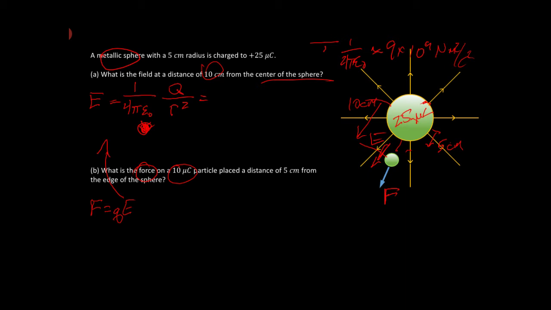So 1 over 4 pi epsilon naught is 9 times 10 to the 9th newtons meters squared per coulomb squared. The Q we said was this guy, 25 microcoulombs, 10 to the minus 6 coulombs. And then 10 centimeters is 0.1 meters. We square that.